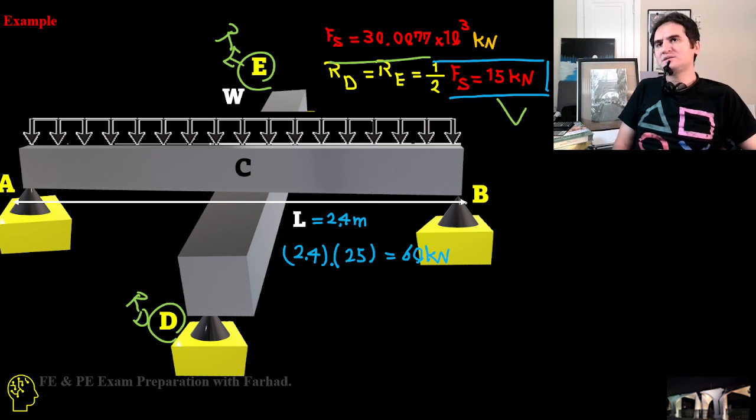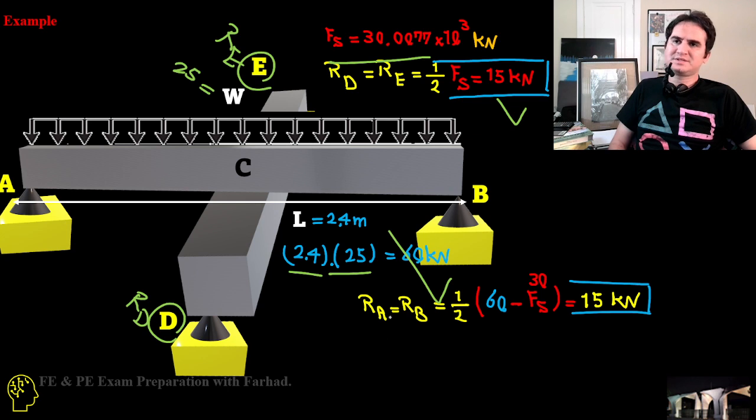And because the top section is 2.4 meters and W is 25 kilonewton per meter, 2.4 times 25 is 60 kilonewtons. So if the total load is 60, Ra and Rb are half of the remaining force.